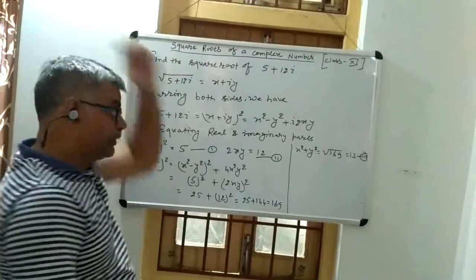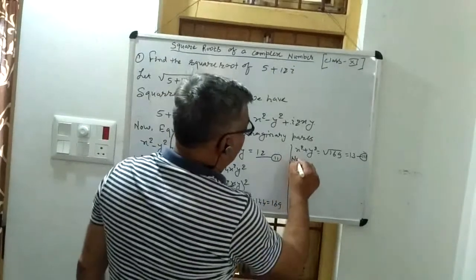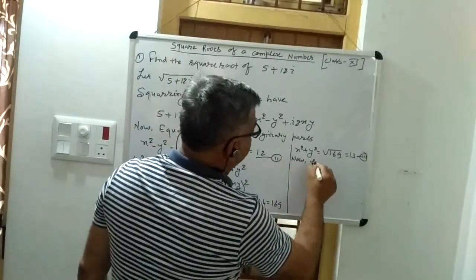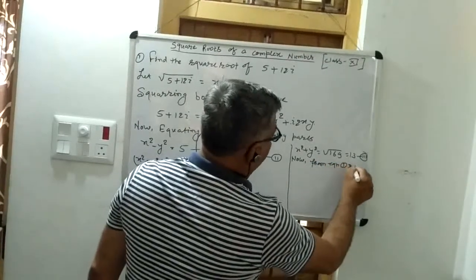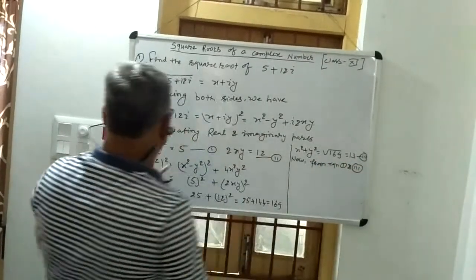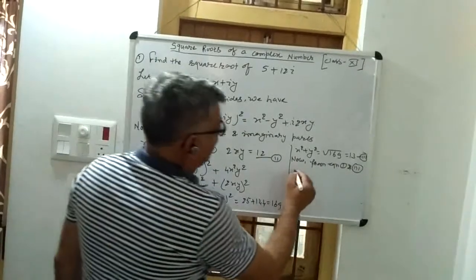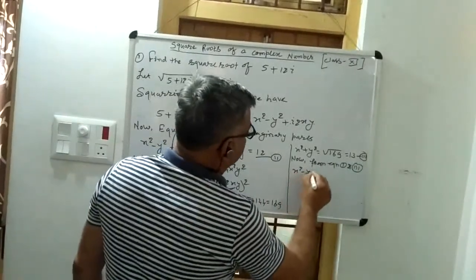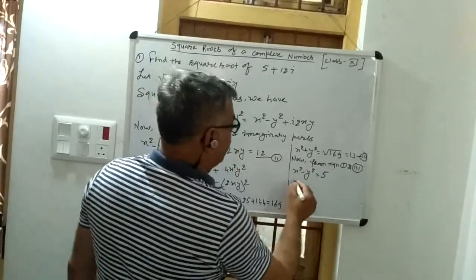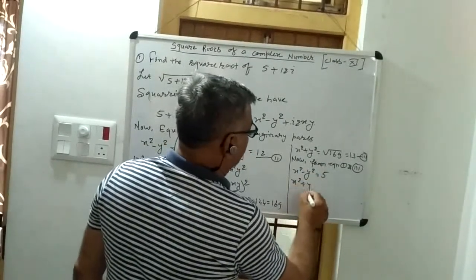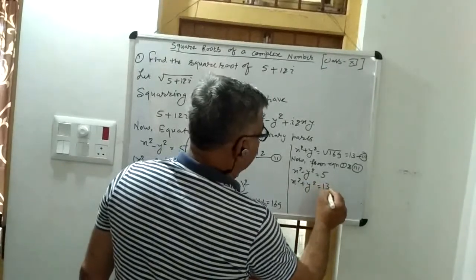So now from equation 1 and 3, we have x square minus y square equals 5 and x square plus y square equals 13.